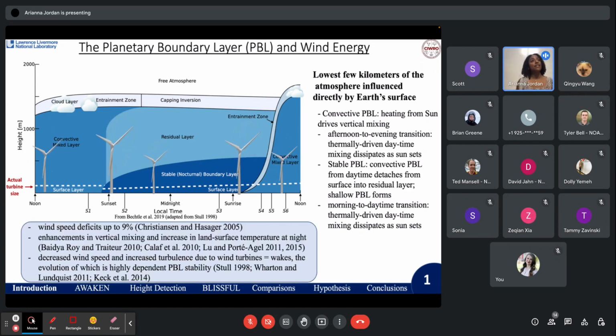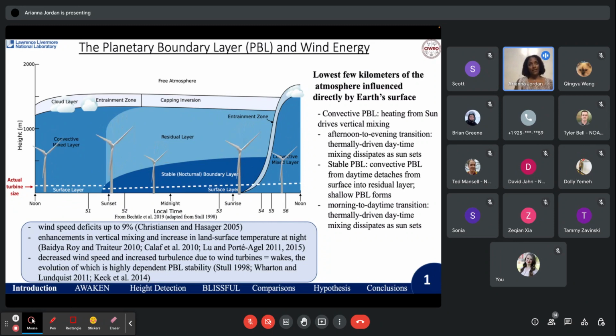These are just a few studies naming some of those impacts. We can have wind speed deficits up to 9%. We can have enhancements in vertical mixing and increases in land surface temperature at night. We can also have decreased wind speed and increased turbulence, and that specifically is known as turbine wakes.